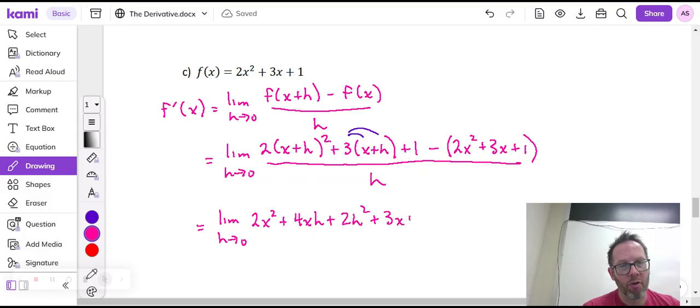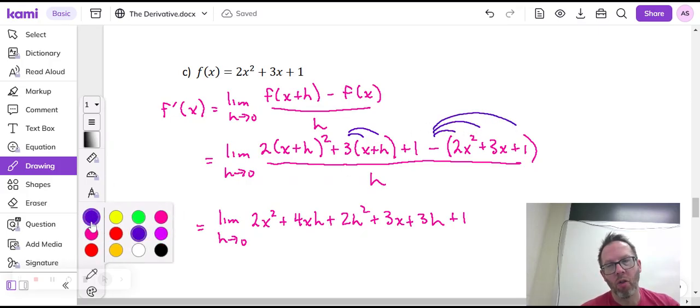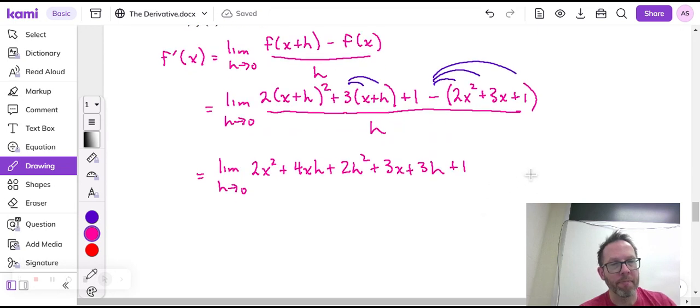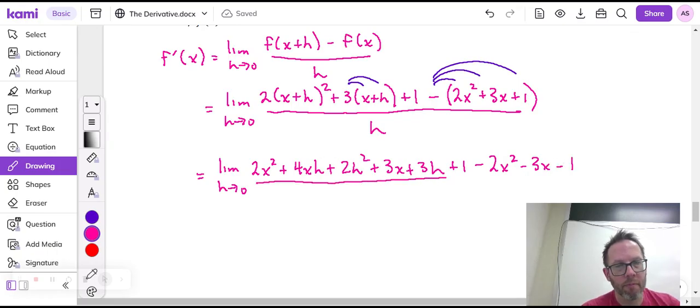It's a lot of terms to keep track of. Plus 1. And then don't forget we're subtracting all those terms from the last polynomial. Minus 2x squared minus 3x minus 1. Yeah, there is no sugarcoating it. We have to be good with our algebra skills from those earlier grades, for sure.